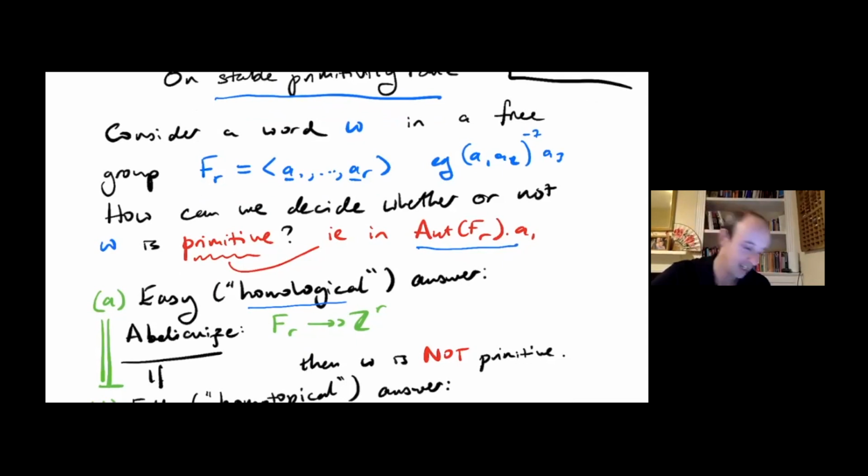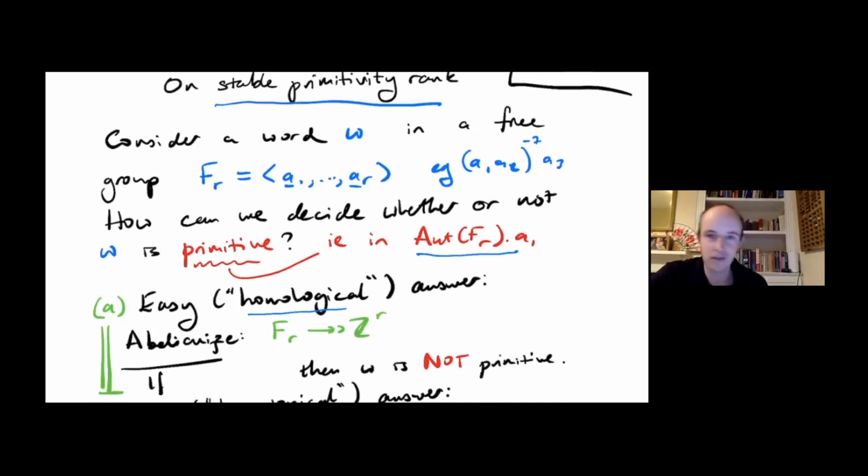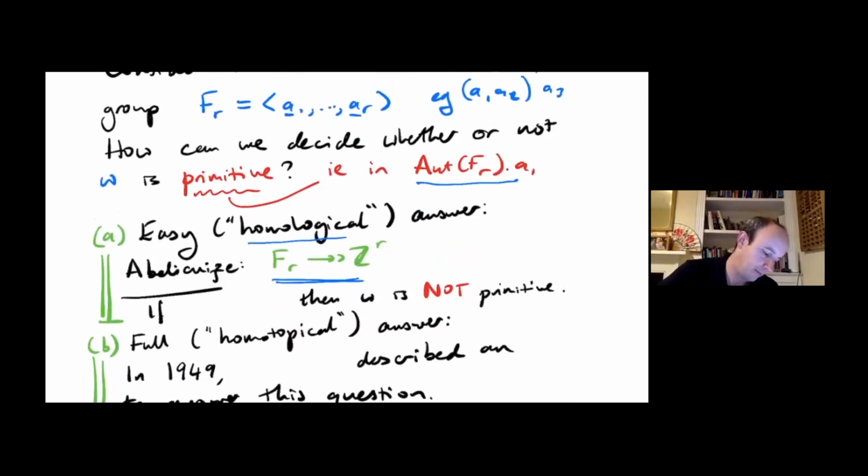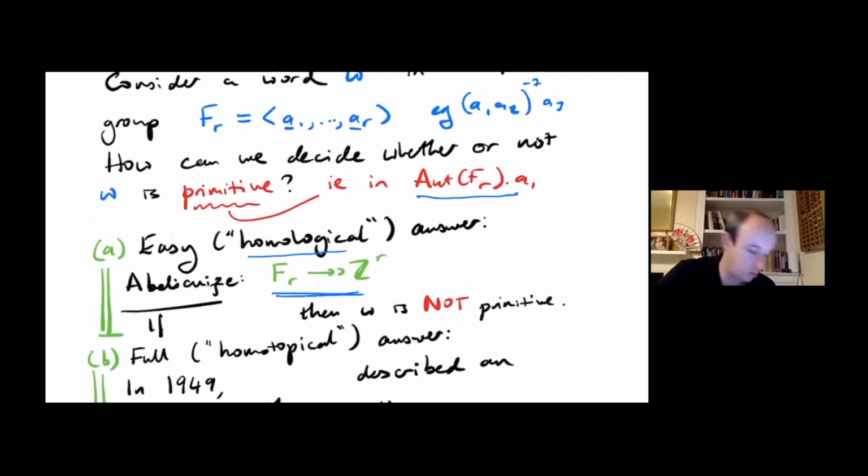This answer is as follows. Instead of working in the free group, we're going to abelianize our free group. So we're going to look at the canonical map, which takes our free group and maps it to its abelianization, which is Z to the R. Now we can look at what this does to this word W.